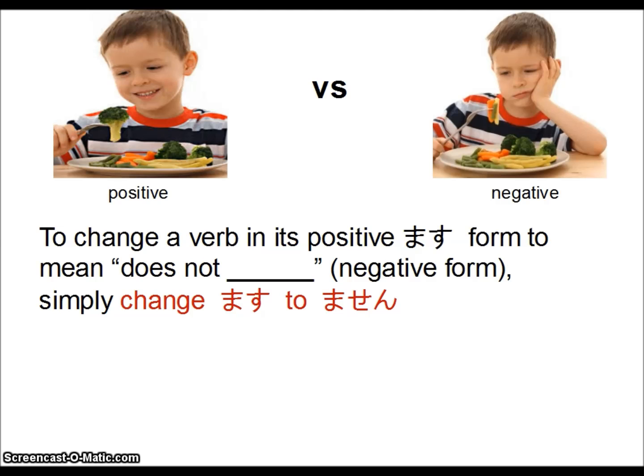It's actually quite simple. To change a verb in its positive mas form to its negative form, meaning does not verb, simply change mas to masen. So if we have nomimasu, meaning to drink, like watashi wa nomimasu, I drink, you just change the mas to masen. Nomimasen. Now I don't drink.